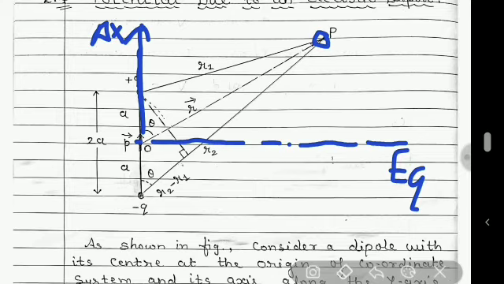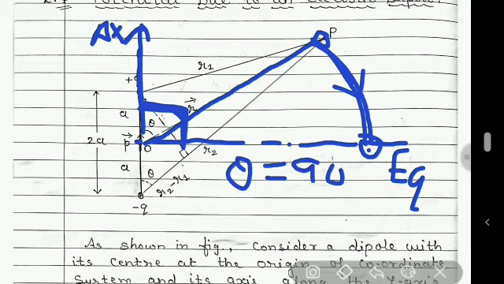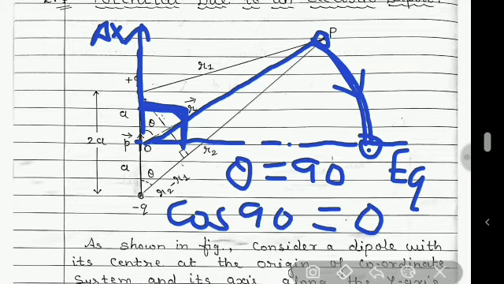So at present this vector r makes an angle theta, but if I bring this point P on the equator, then this angle will increase, and at this point it will become 90 degrees. So whenever we select any point on the equator, angle theta will be 90, and so cos 90 is equal to 0.